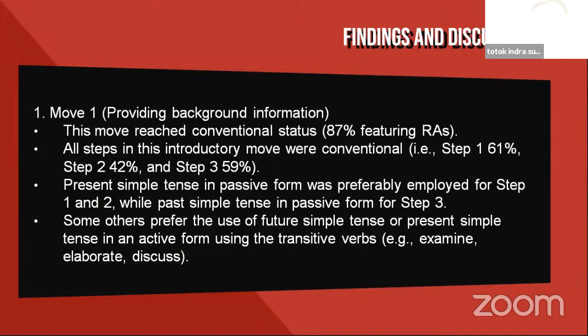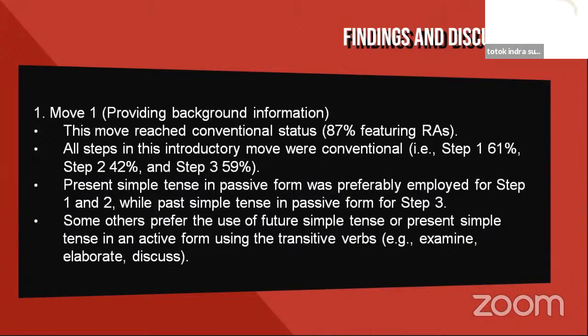In step 1 and step 2, they usually use simple present in passive voice, while simple past passive is usually used to write step 3. Some others prefer the use of future tenses or simple present in active form using transitive verbs like examine, elaborate, and discuss. Some of them like to use simple future and also simple present.